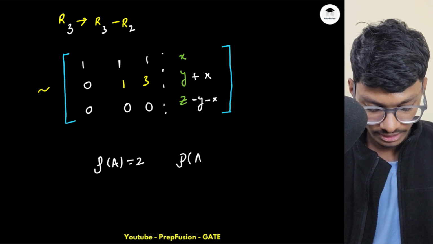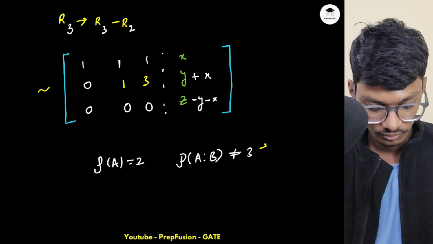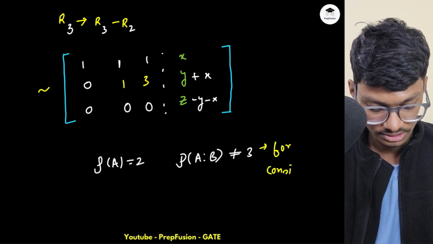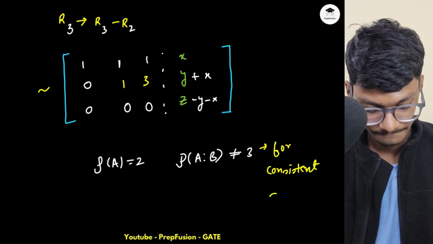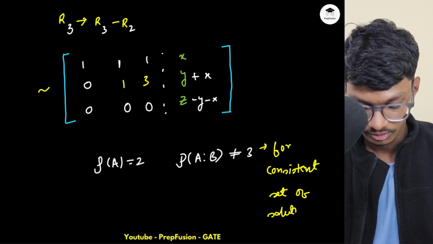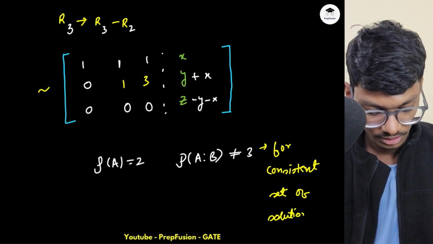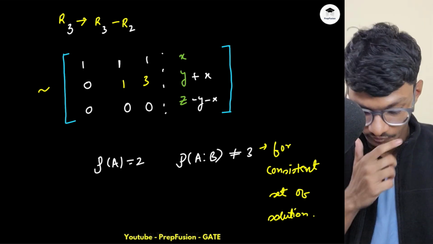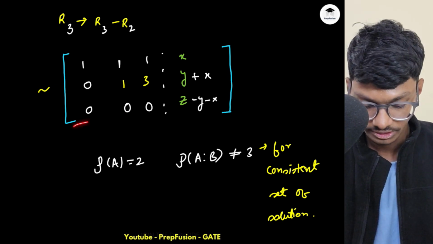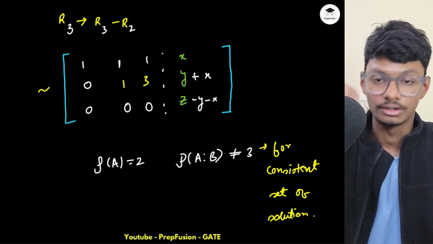Now rank of A, B cannot be equal to 3 for a consistent set of solutions. Okay, now if it cannot be equal to 3, obviously this has to go to 0. So I'm talking about the wrong thing.